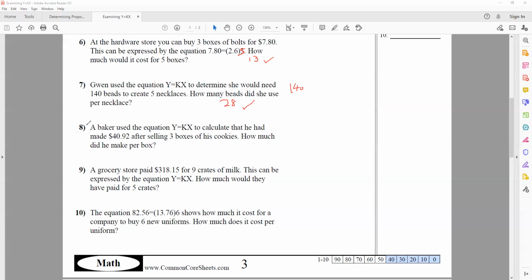Well, let's skip 8 because it's the same. So let's do 9 and 10.